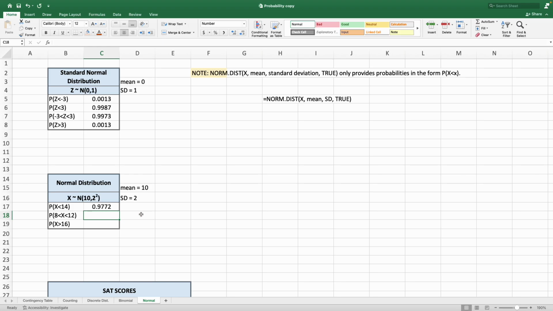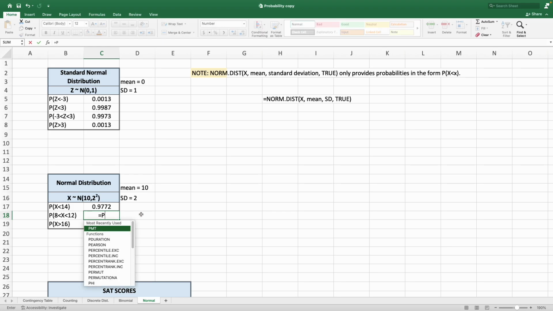So this is equals norm.dist. So we're doing 12, comma, mean is 10, comma, standard deviation is 2, comma, true, close parenthesis.